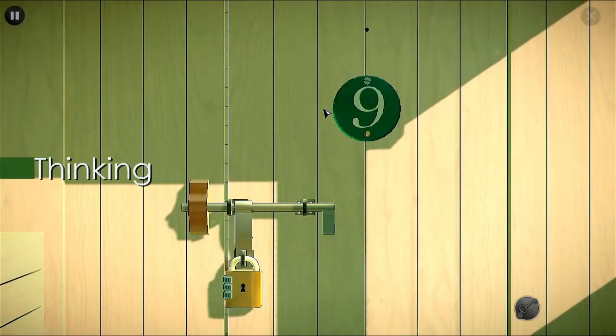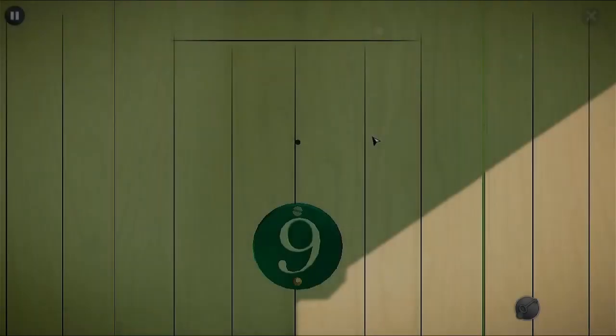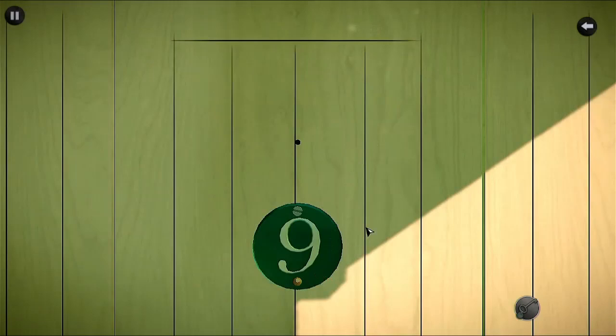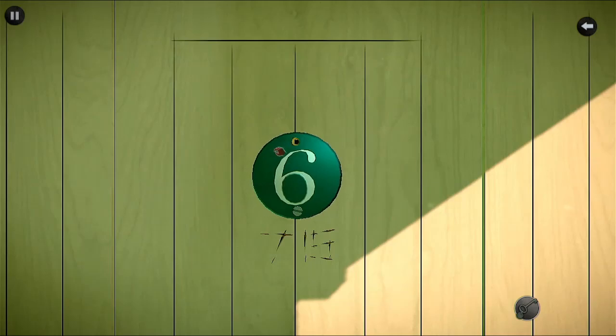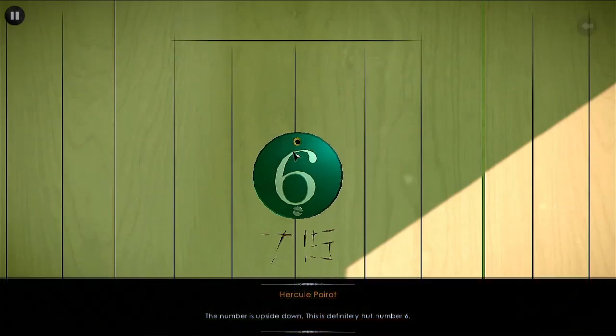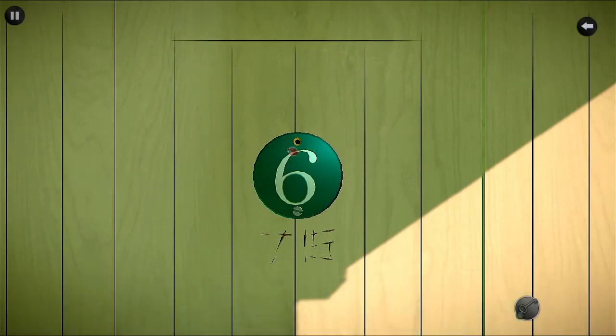Oh yeah, the screw's missing. See, look, the screw's missing there. Can we flip that round? The number is upside down. This is definitely number 6. Is that 115 or 715? Hang on. Okay, so that's either 115 or 715. I think it might be 7. Okay.